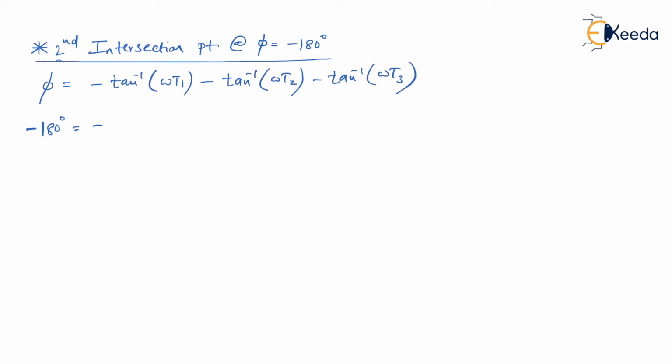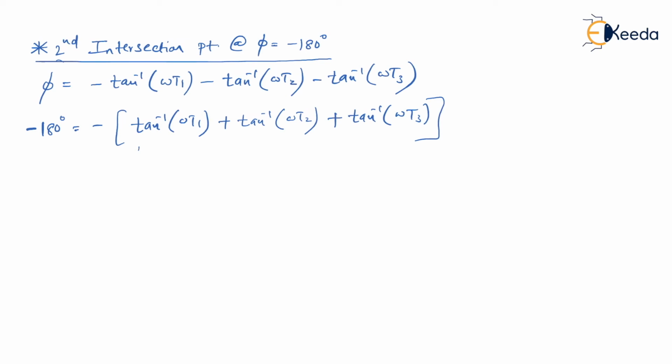And thereafter, it is negative of tan inverse of omega t1 plus tan inverse of omega t2 plus tan inverse of omega t3. This is something that we have already come up with the final solution for. So this negative negative will get cancelled.